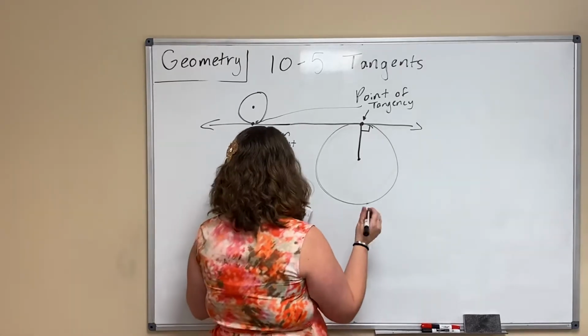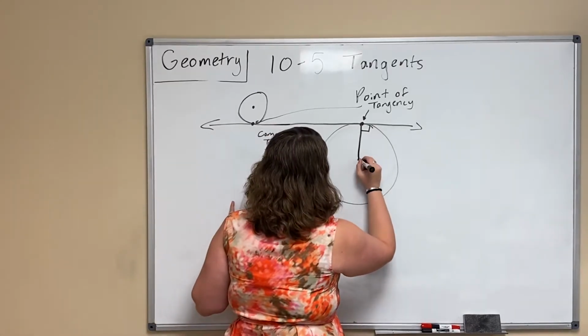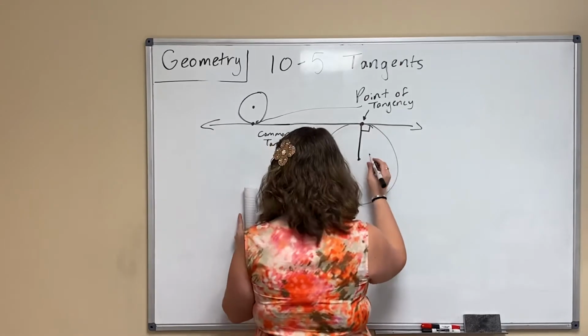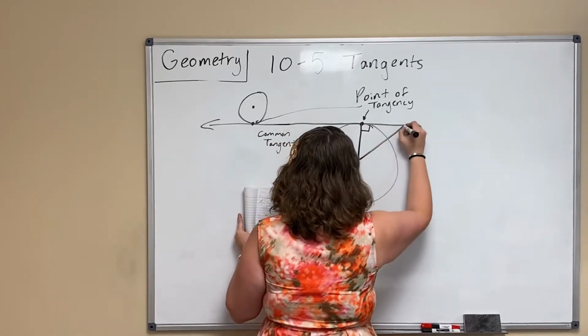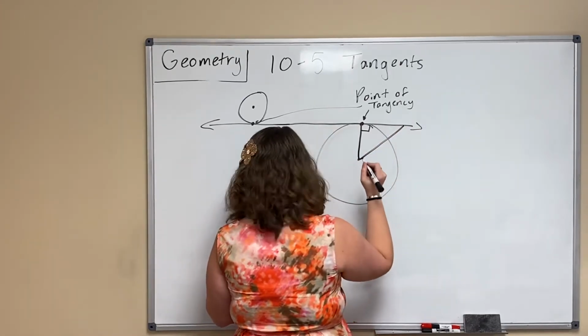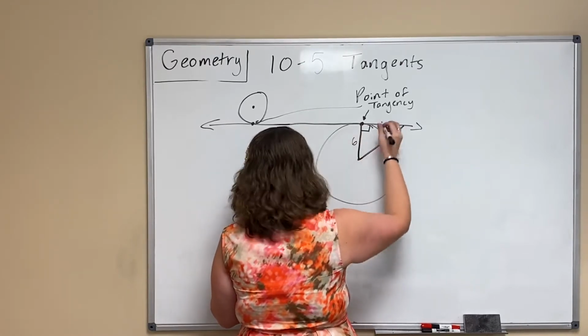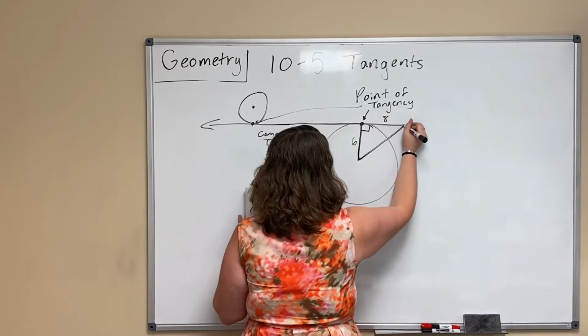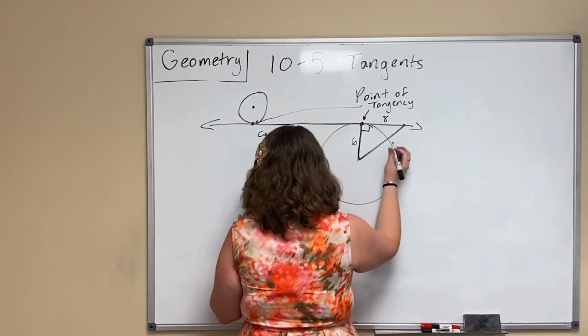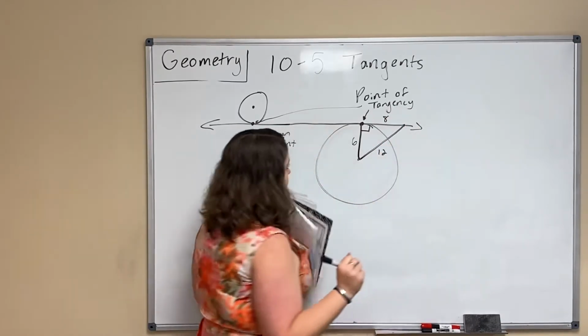suppose they told us this information. Here's a triangle. My radius of this circle is 6. This segment is 8. And this segment is 12.